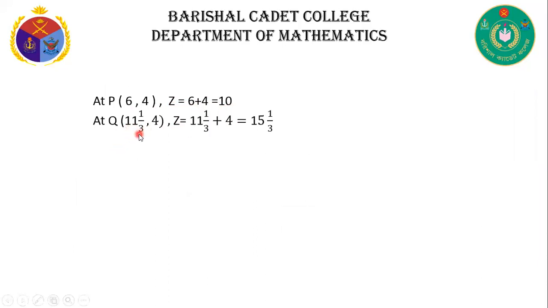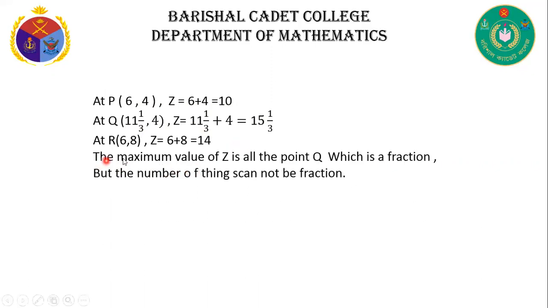Q gives 15 point something, and R is equal to 14.